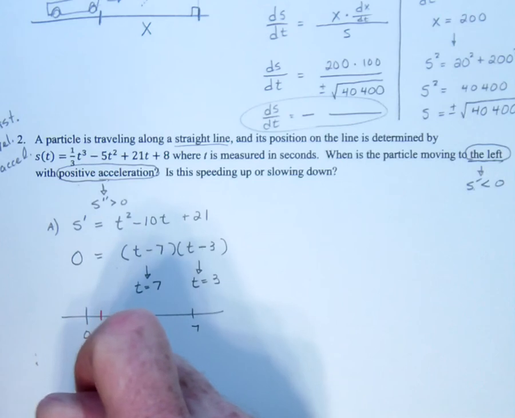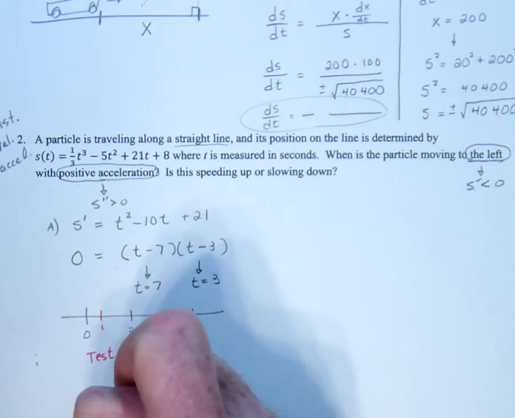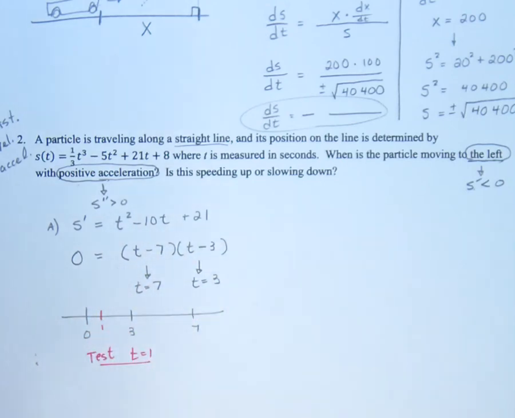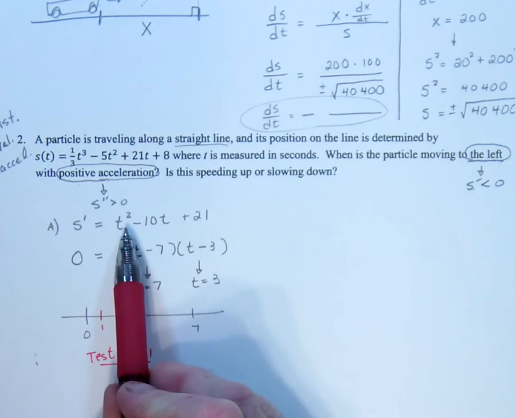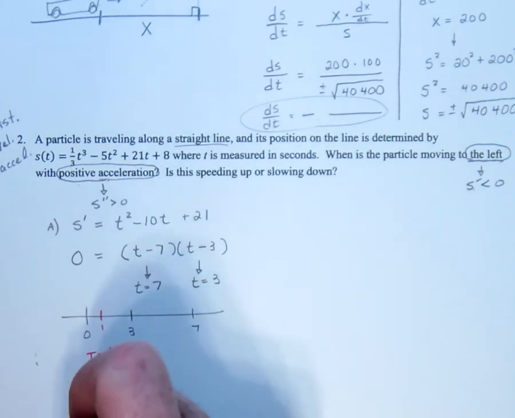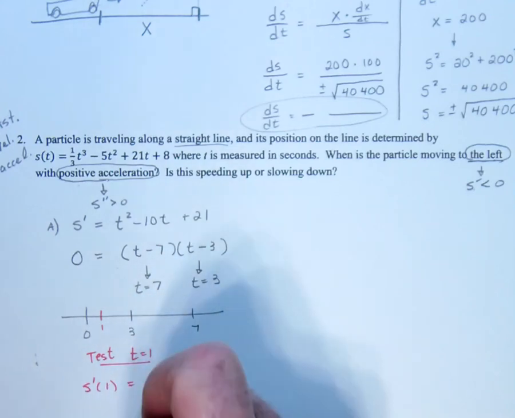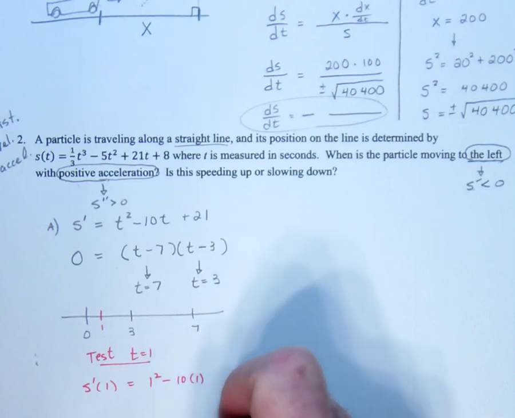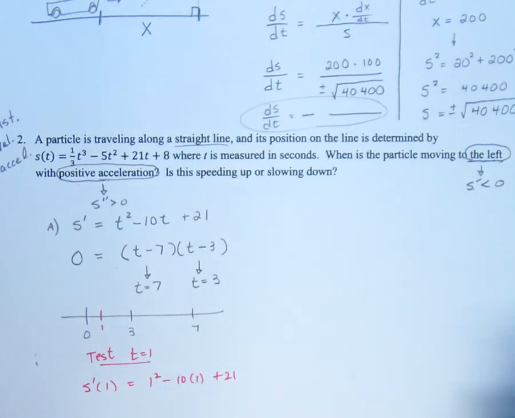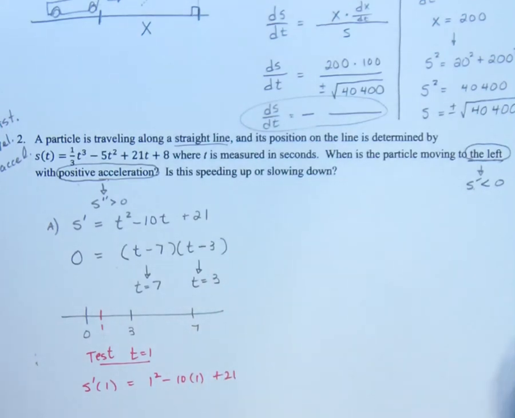And then you test t equals 1. So you go up to the derivative, substitute in a 1, and what we're looking for is, is this a positive or a negative?